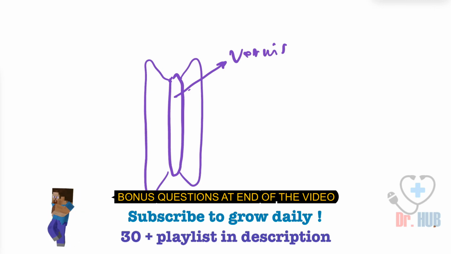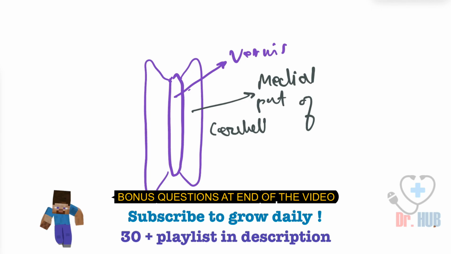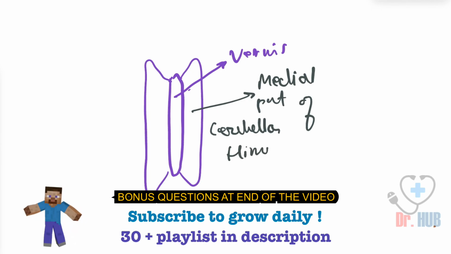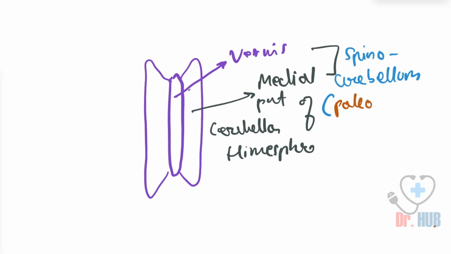The structure to the side is the medial part of the cerebellar hemisphere. Both of them combined form the spinocerebellum. It is also known as the paleocerebellum.